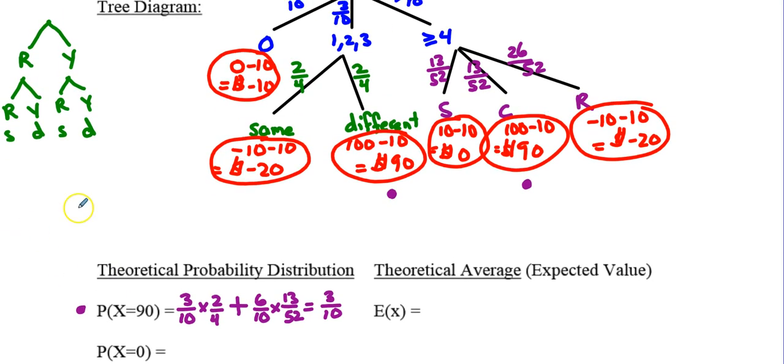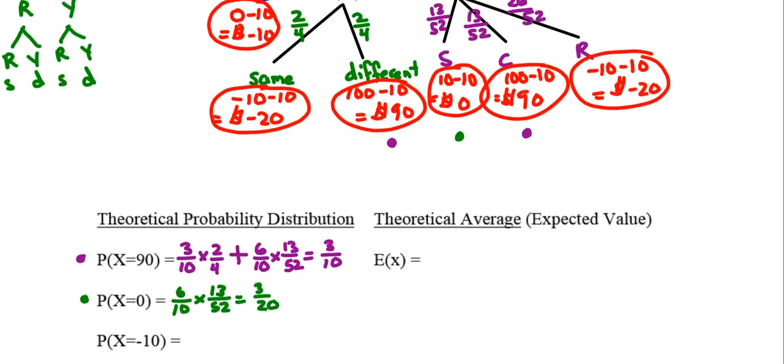So the next outcome is winning nothing. So to win nothing, there's just one outcome, which is rolling a 4 or more, which is a probability of 6 over 10, and drawing a spade, which is 13 over 52, and that works out to 3 over 20 in lowest terms.